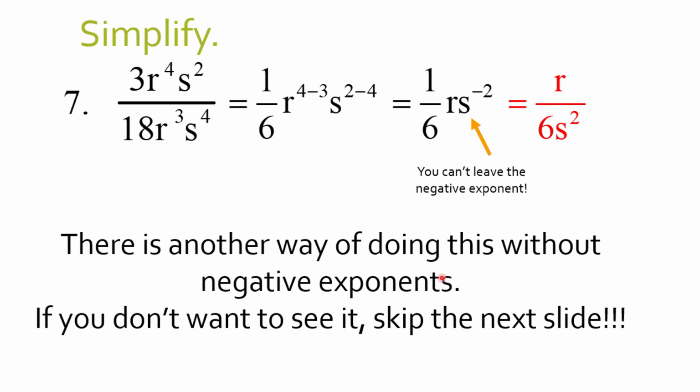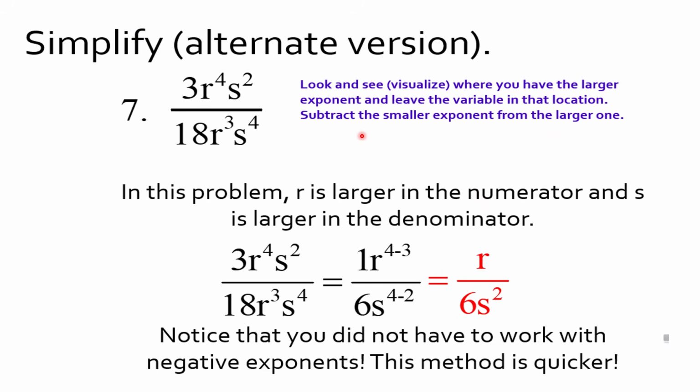There is not another way of doing this without negative exponents. If you don't want to see it, skip the slide. But we need to do it. So this is an alternate version. For 3r to the fourth and s squared over 18r cubed s to the fourth, the problem is that r is larger in the numerator and s is larger in the denominator.